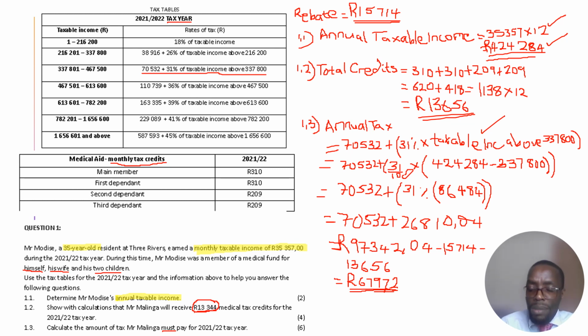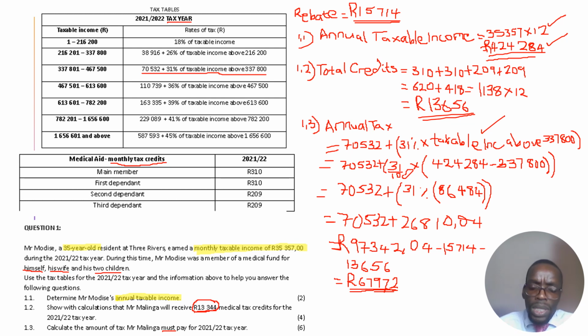Okay, so remember, you calculate the tax payable, and then when you calculate the tax payable, you must remember to subtract the annual medical credits, and then you also subtract the annual rebates. If the person has the medical credits, you also need to take note of how many people are beneficiaries of those medical credits.